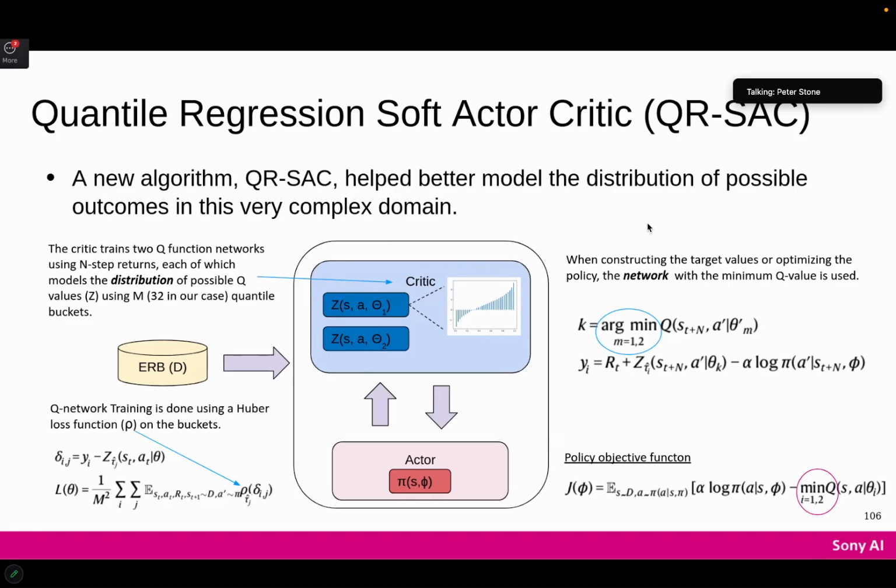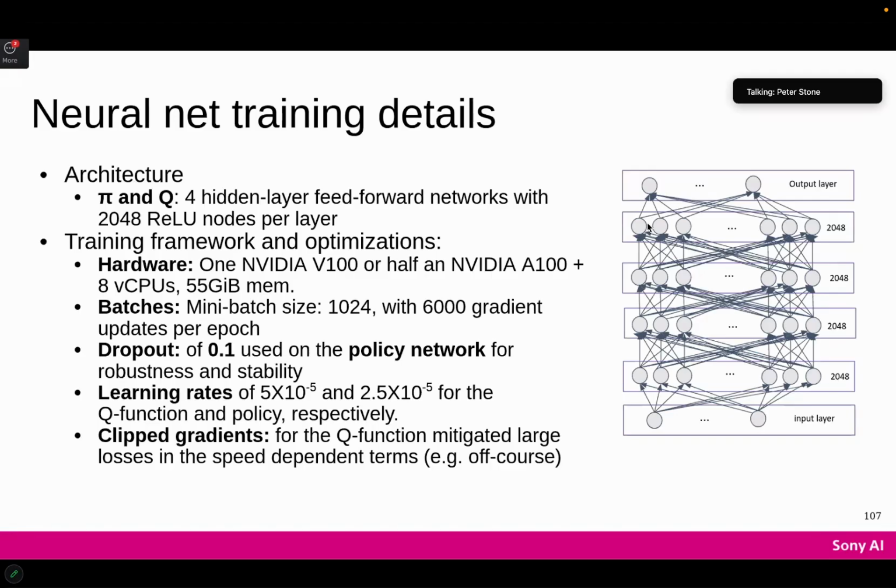Then it uses a Huber loss on the buckets, which also makes a difference compared to some of the other possible loss functions. And then there's a policy objective function, which is just trying to figure out which actions are going to lead to the best predictions of rewards, in a standard actor-critic kind of way. Again, the full details are in the paper.